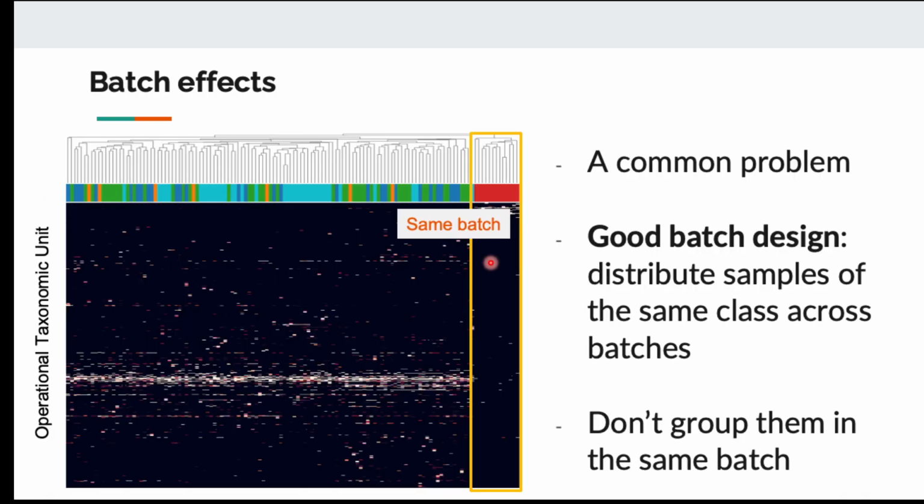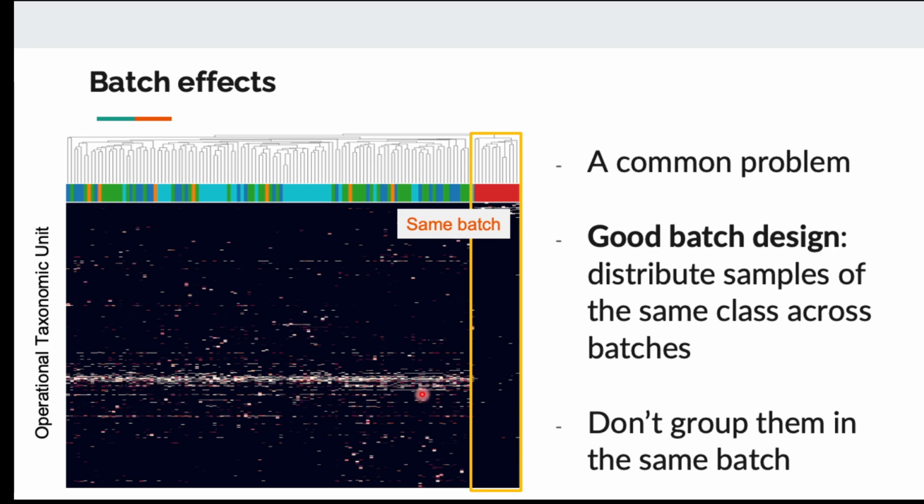And I have direct experience with data that were produced at our university. The colors here designate data from different batches. In the heat map, the y-axis shows the different organisms, different OTUs. For most of the batches, it's not a problem.